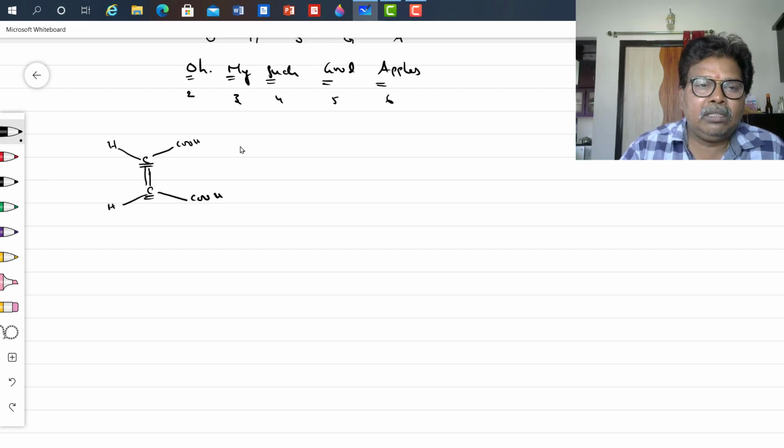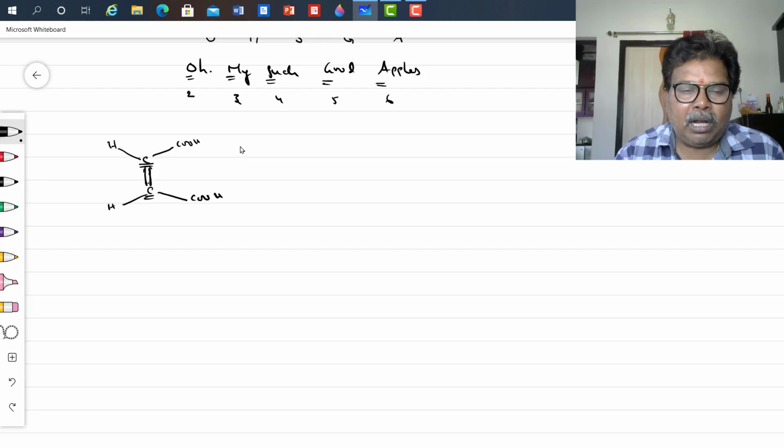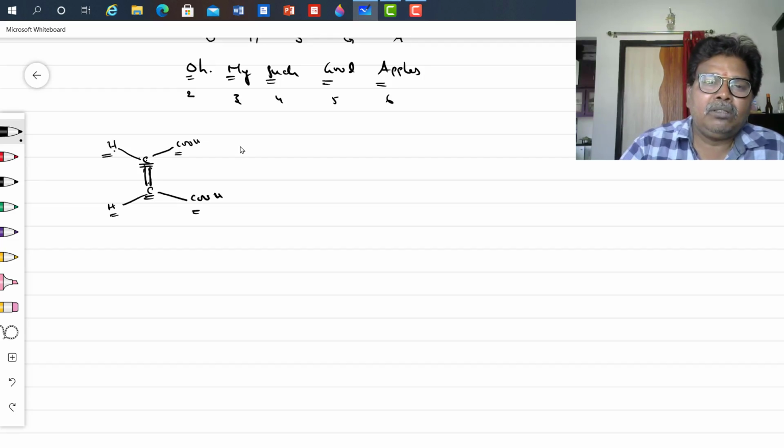This is a stereo center, meaning the carbons in the double bond have frozen rotation, and the carbon atoms are bonded to two different groups, therefore it exhibits geometrical isomerism. So this is a cis isomer.